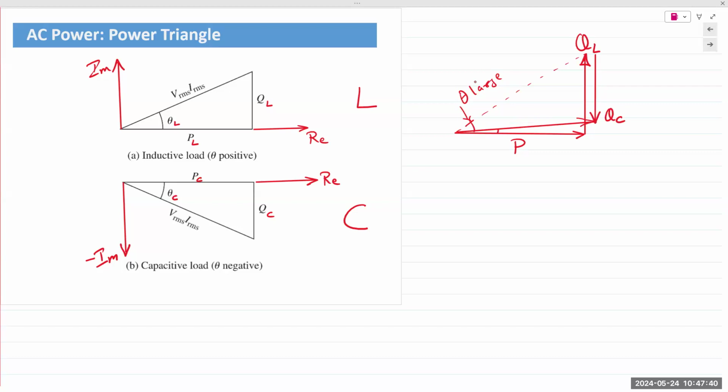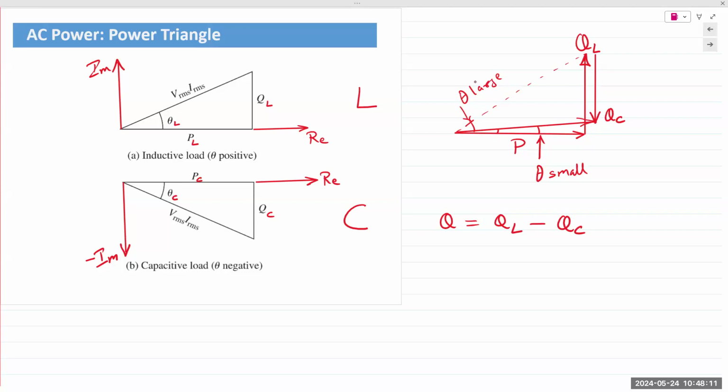So now your required power angle theta is small, and your total required power from the system would be QL minus QC. Reactive power pointing straight up, capacitor power pointing straight down. So again, energy bouncing back and forth between inductor and capacitor. Mathematically, it's QL minus QC.